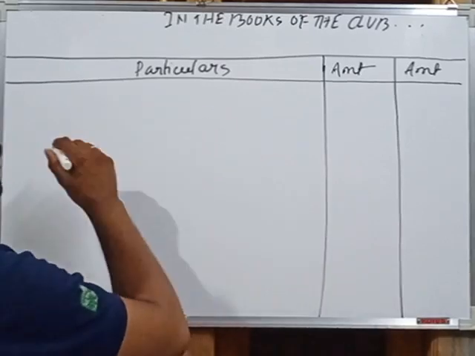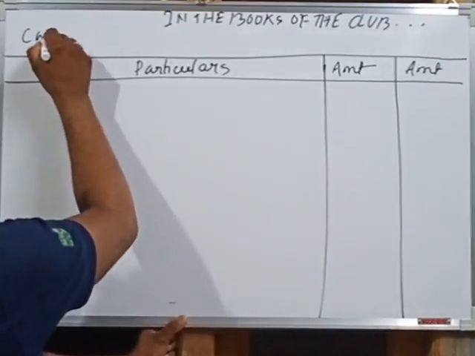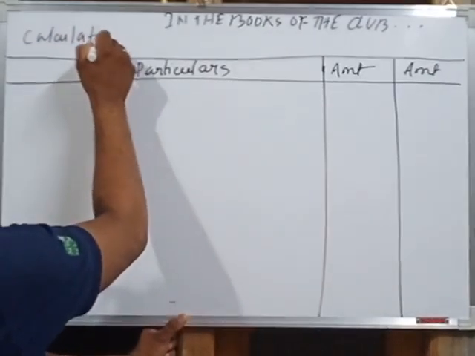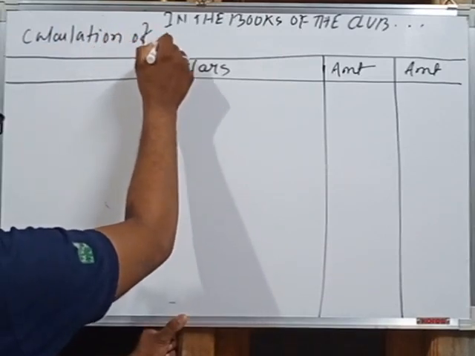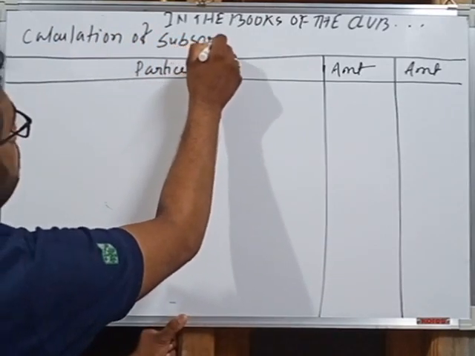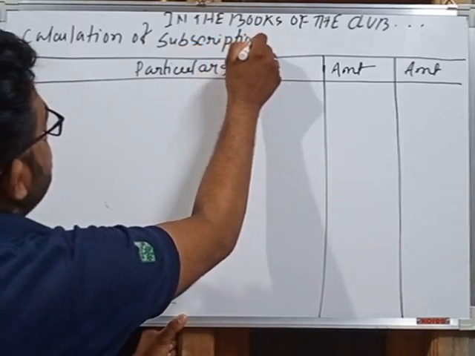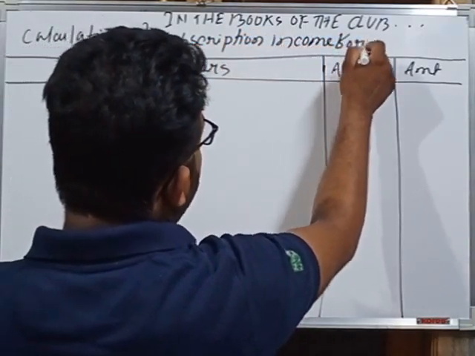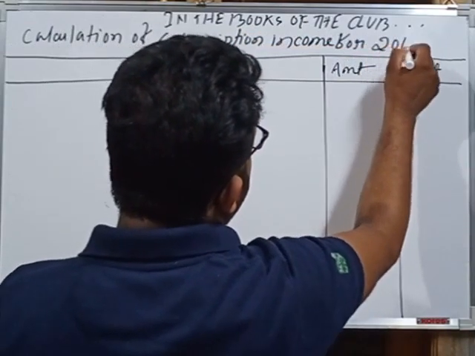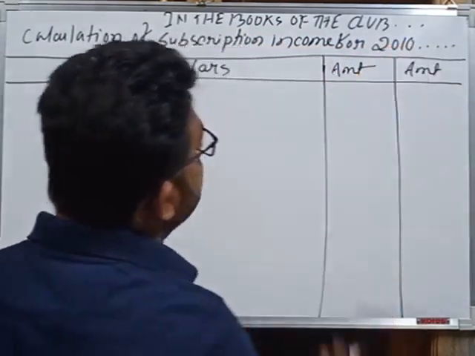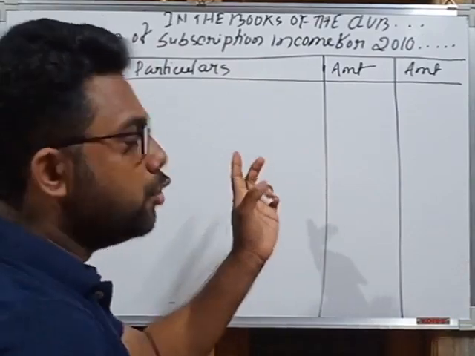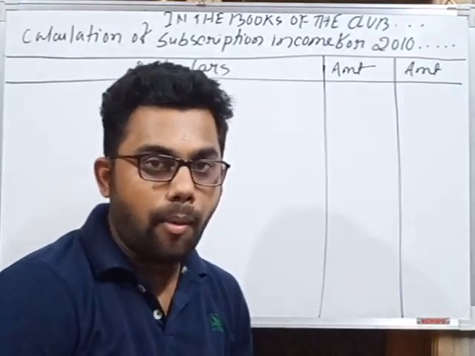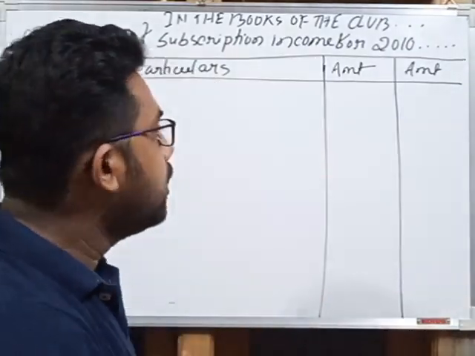Next, below that we write calculation of subscription income for 2010. Okay, so this is the format by which we will find the total amount of subscription in the year 2010.